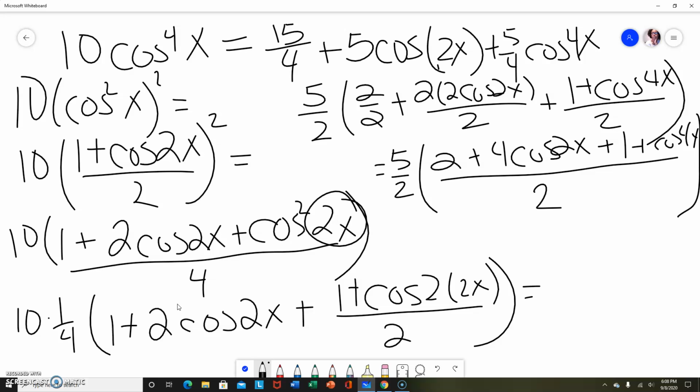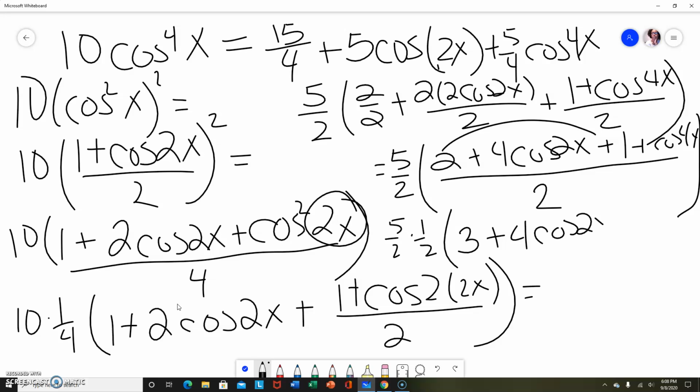I didn't change too much there. I'm going to pull out that 1/2 again. So it's going to become 5 over 2 times 1/2. And then I have 2 plus 1. I can add those, so we're going to get 3 plus 4 cosine 2x plus cosine 4x.